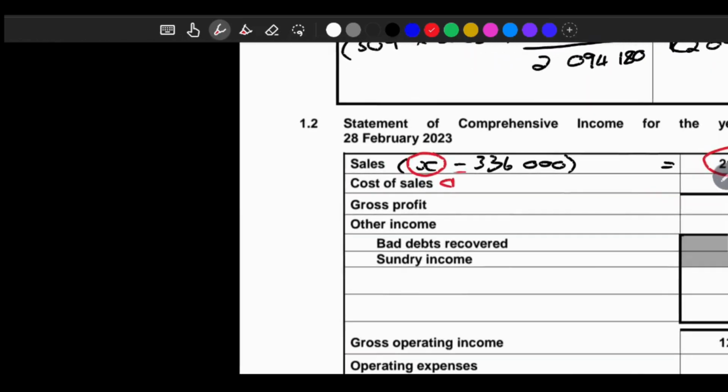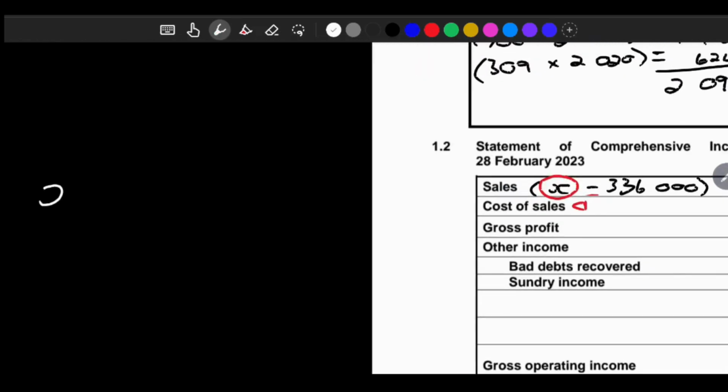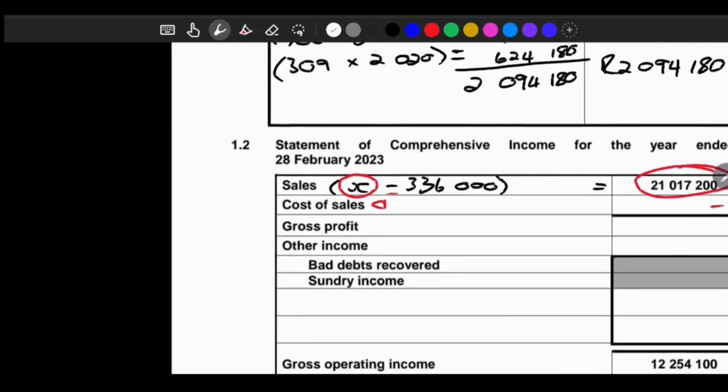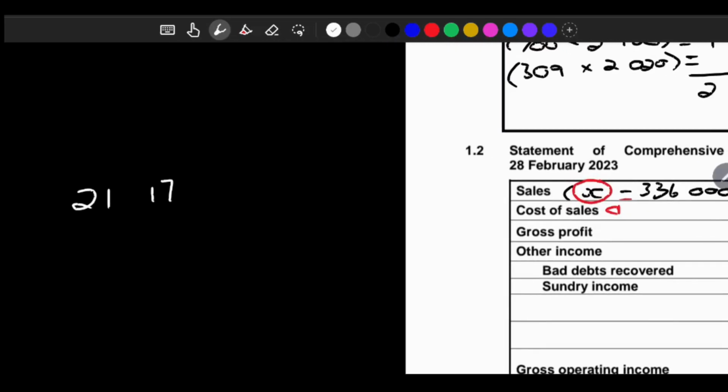So how we're going to do that is by saying 21,017,200 plus that 336,000, right? I did not calculate that. Let me just calculate that. 21,017,200 plus 336,000, right? And that gives us 21 million. Yeah, I don't know why I keep saying thousand.